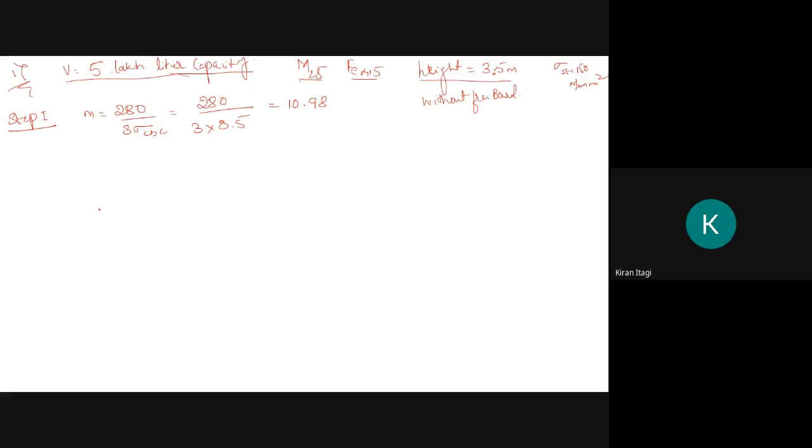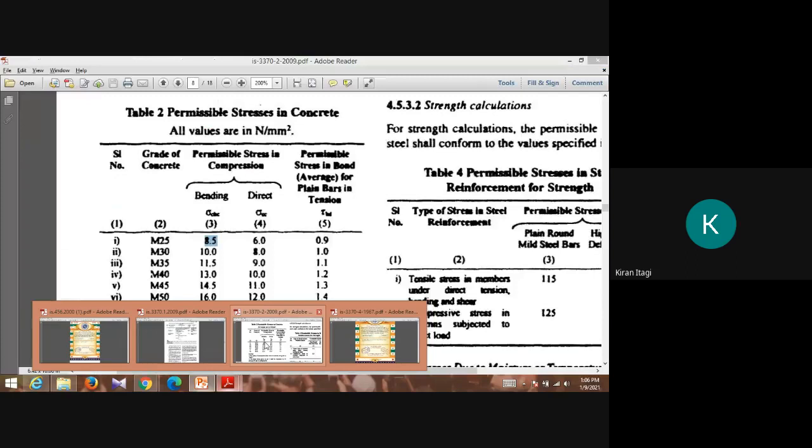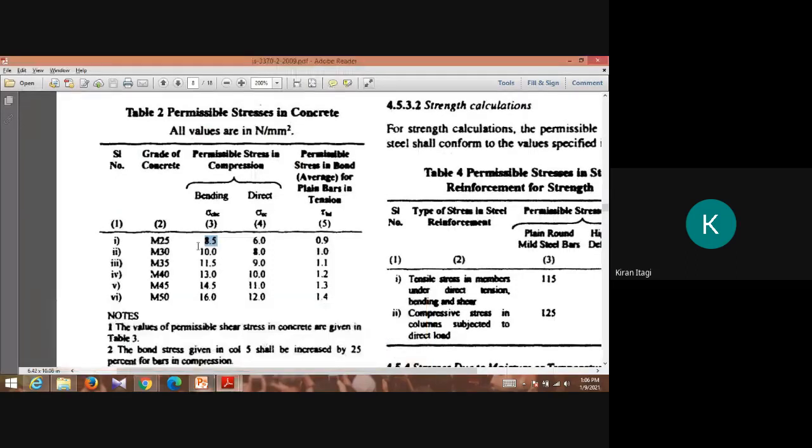Now our first step is to determine the constant, that is the modular ratio m. It is given by 280 upon 3 times sigma cbc. Just substitute the value: 280 divided by 3, but we don't know the value of sigma cbc. So how will we determine sigma cbc? From IS 3370 part 2, page number 3.